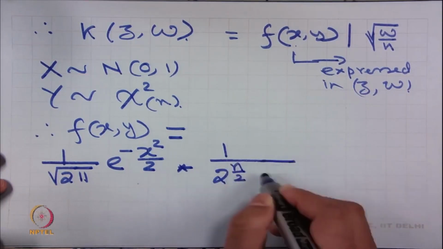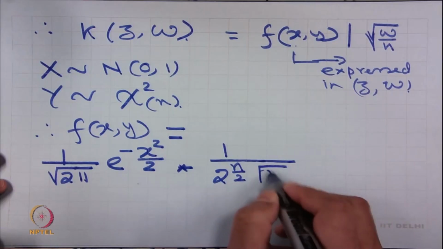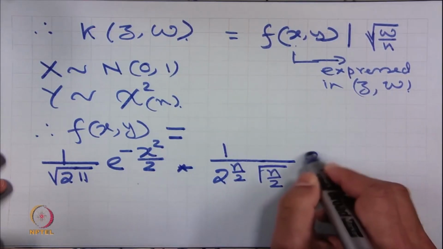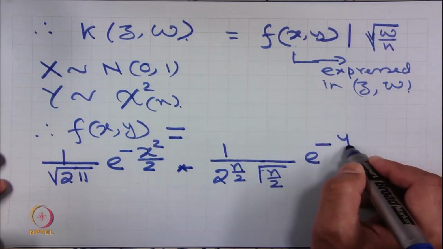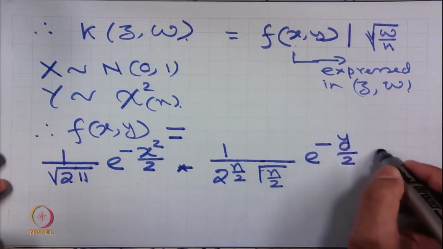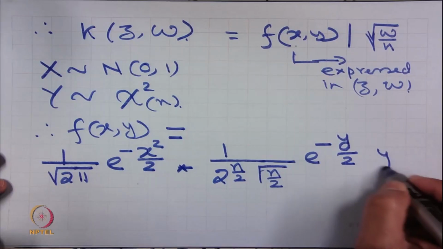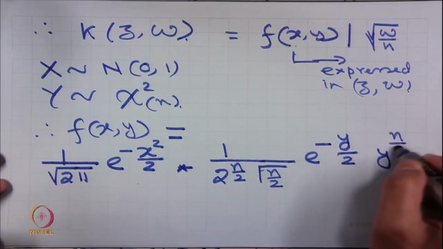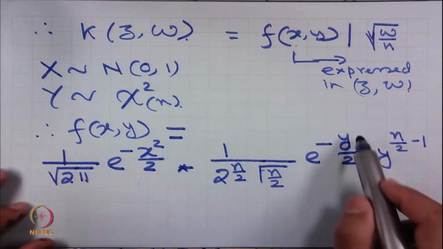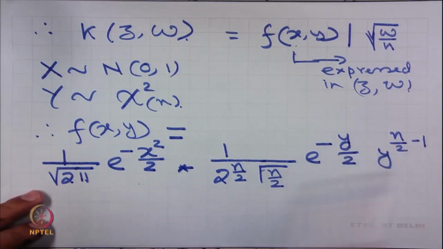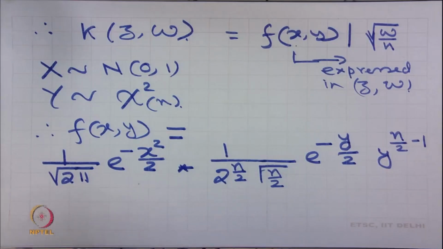lambda power alpha over gamma alpha e to the power minus lambda x x to the power alpha minus 1. In fact x becomes y here. So, e to the power minus y by 2 y to the power n by 2 minus 1.